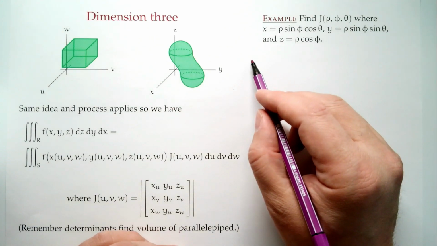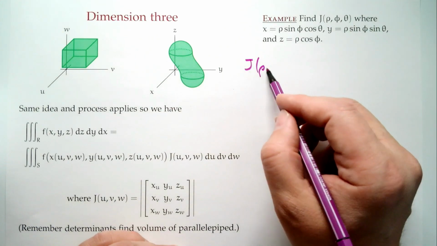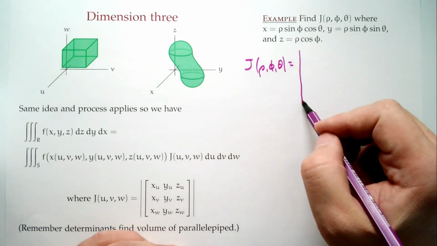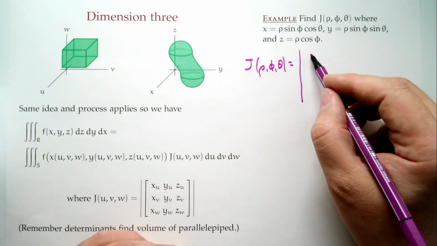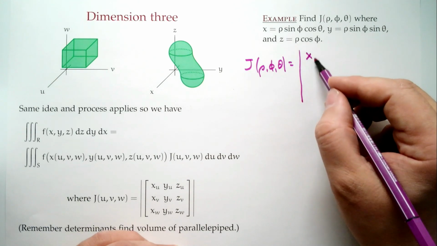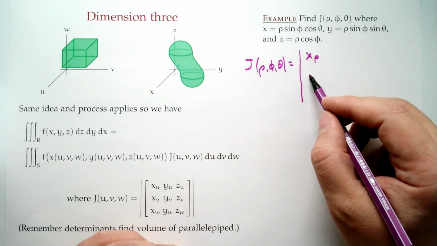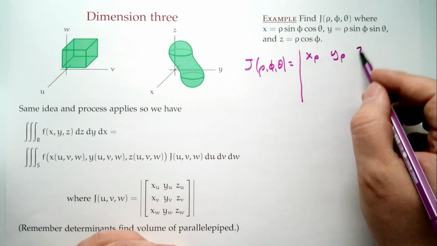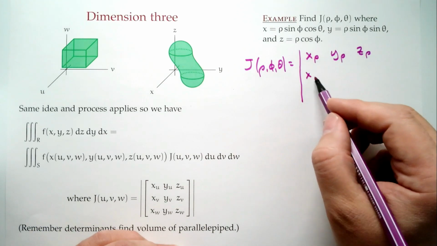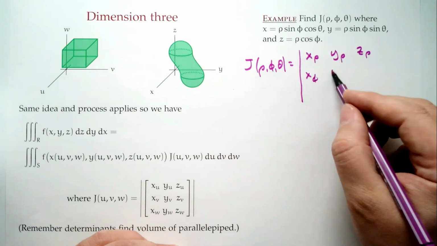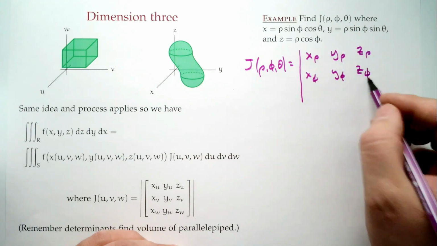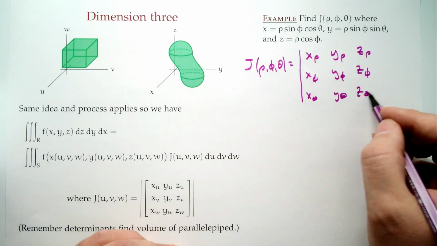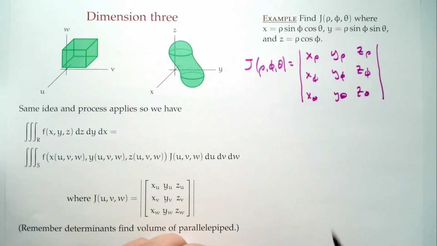Well, if you work it out, the Jacobian for rho, phi, theta is a 3 by 3 determinant. So that would be what? Well, you take x rho, y rho, z rho, x phi, y phi, z phi, and x theta, y theta, z theta. So those are your entries.